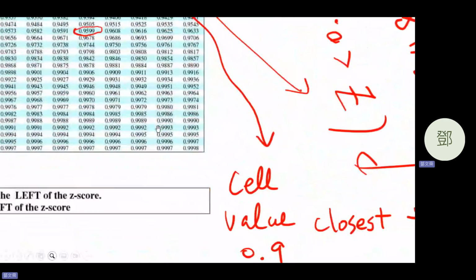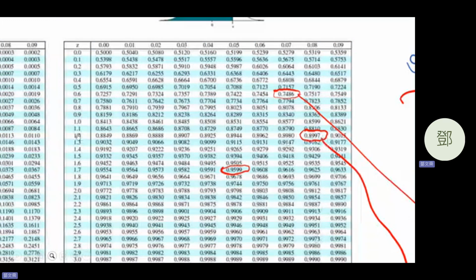So what is the critical value? This is the cell value, and this is the critical value. So what is the critical value? 1.28.